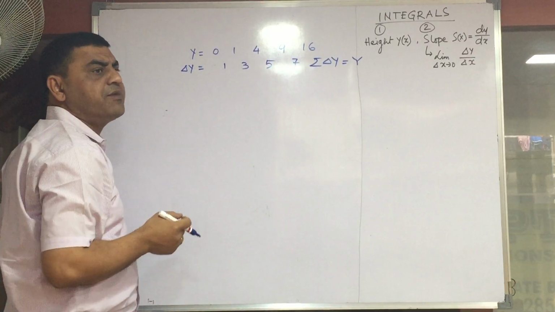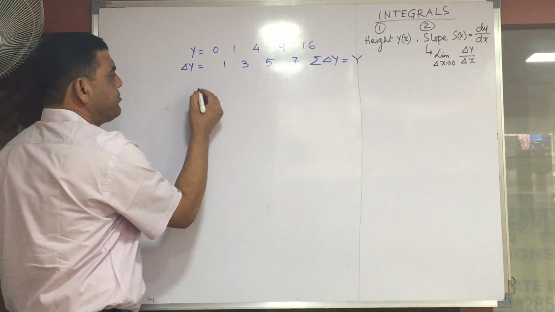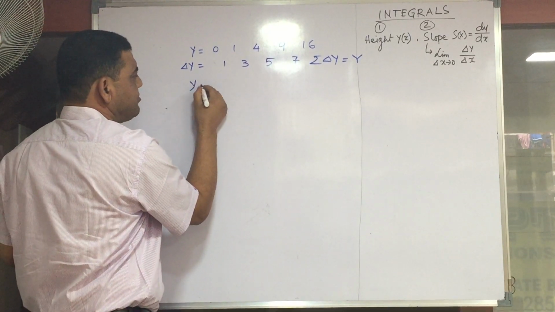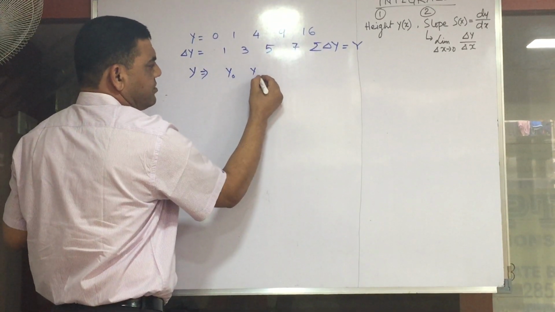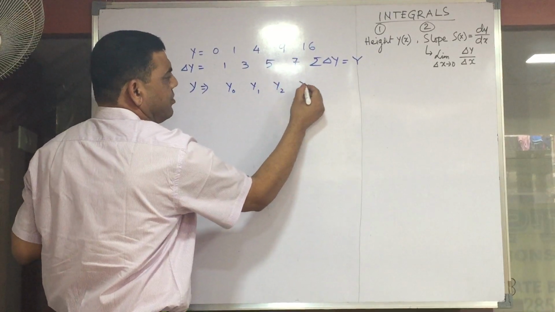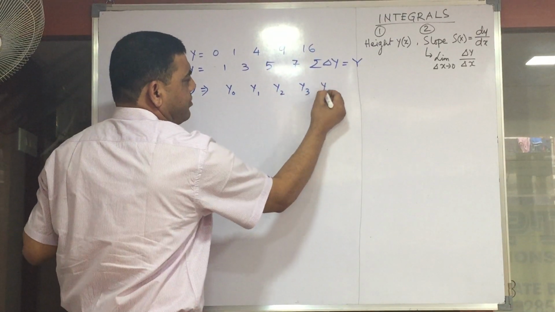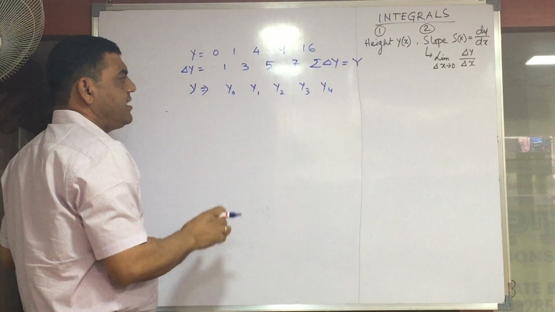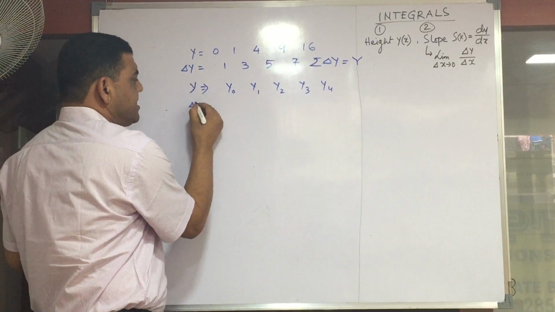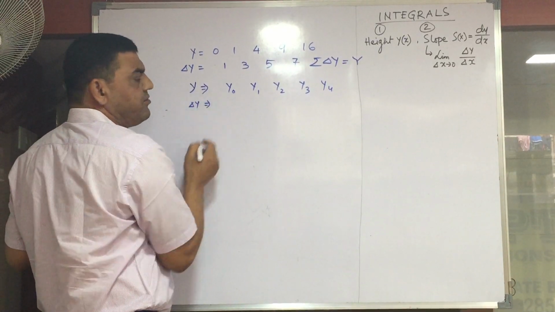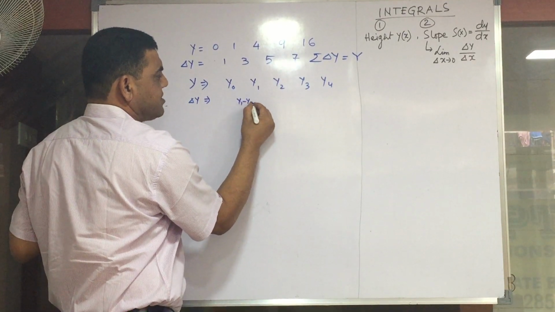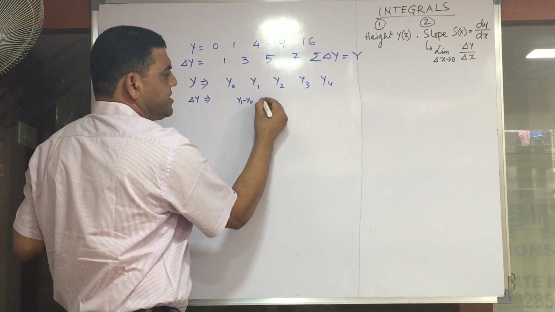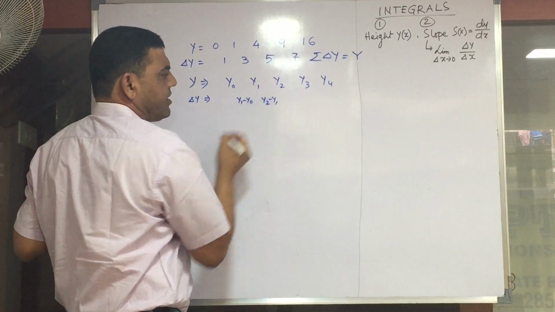If we do an algebraic approach, suppose these are the values of y. It was y0 at instant 0, then y1, y2, y3, y4. If we want to find the change in each interval, in this interval the change is y1 minus y0. This interval the change is y2 minus y1.